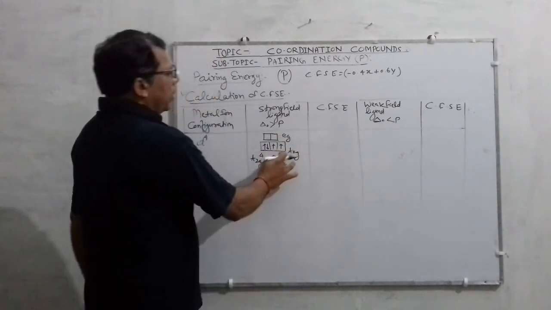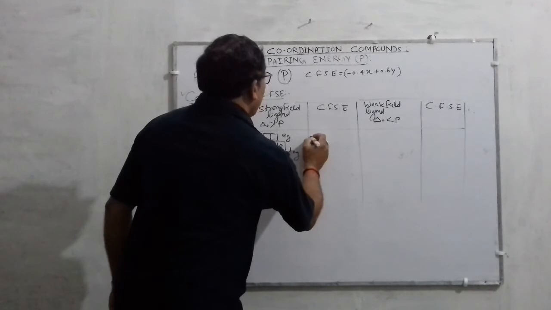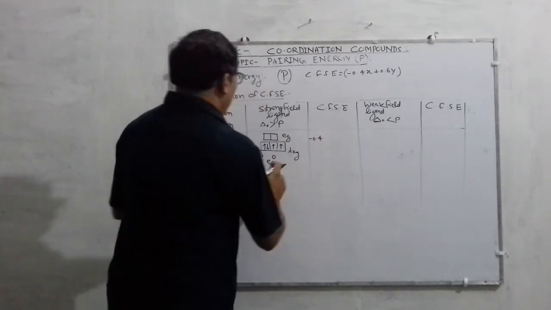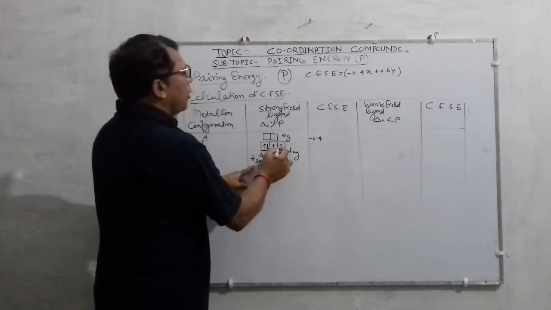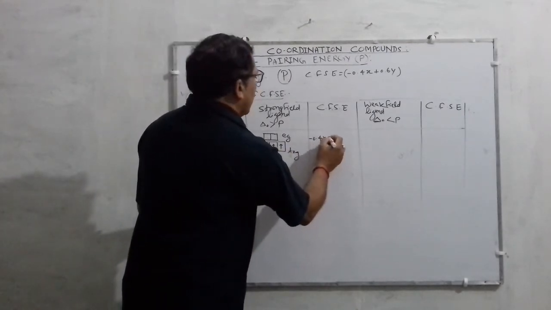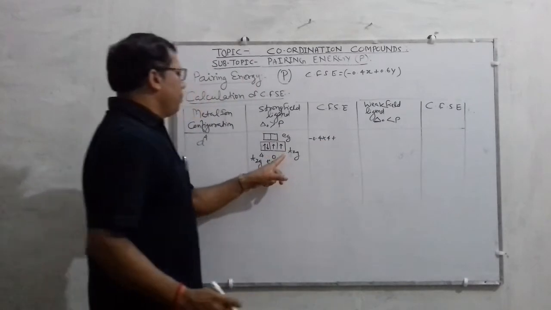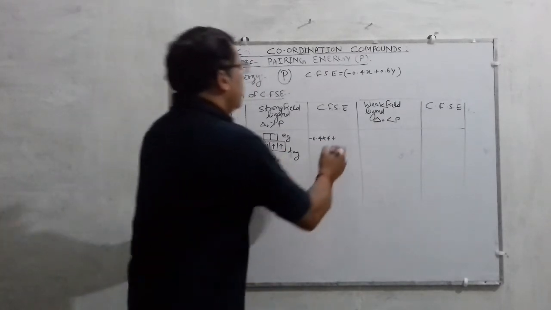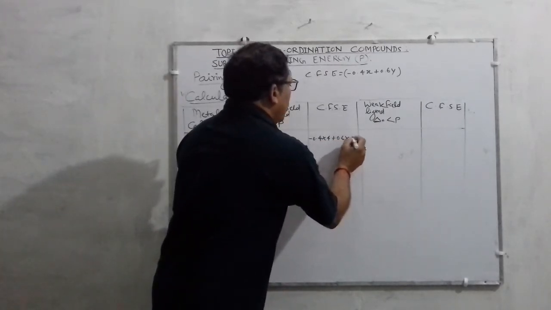Here the electrons present in eg are 0. So CFSE for this will be minus 0.4 times 4 electrons in t2g, plus 0.6 into 0 for eg.